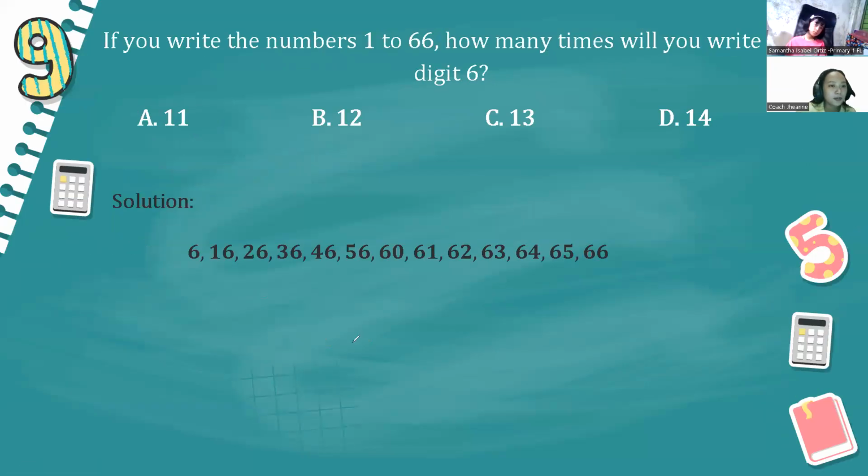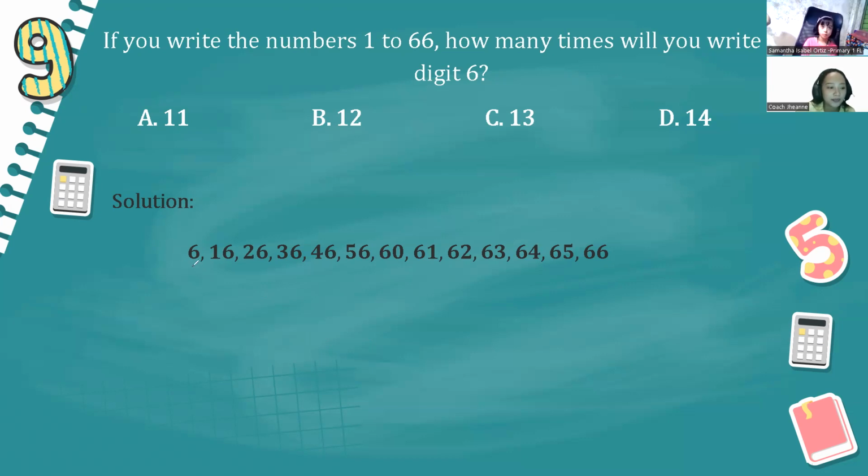If you write the numbers 1 to 66, how many times will you write the digit 6? So the best way to solve this problem is by listing all the numbers that contain 6 from 1 to 66. Okay?